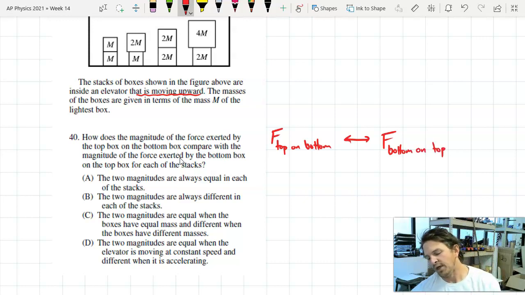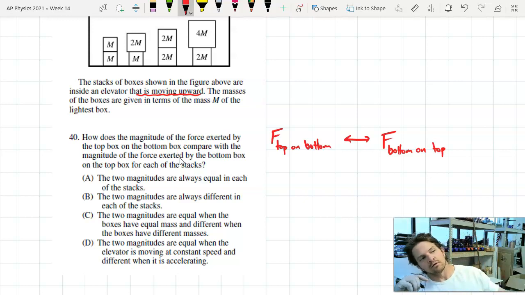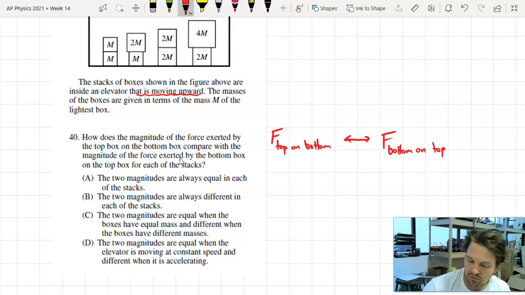Well, that sounds to me like a Newton's third law question. If I push as hard on something, it's going to push back on me with the same amount. So I know those two magnitudes are always going to be equal because of Newton's third law.